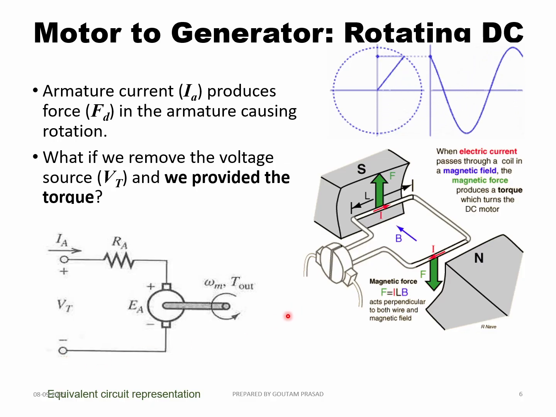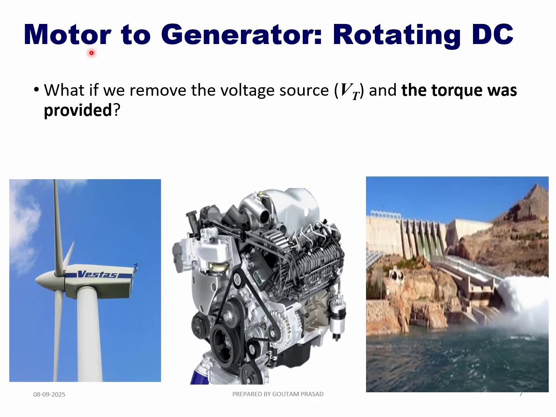So basically, it starts working as a generator. You have to fix two slip rings instead of these two segments of the commutator, so it starts working as an AC generator. Let's go to the next slide for better understanding of the same thing.